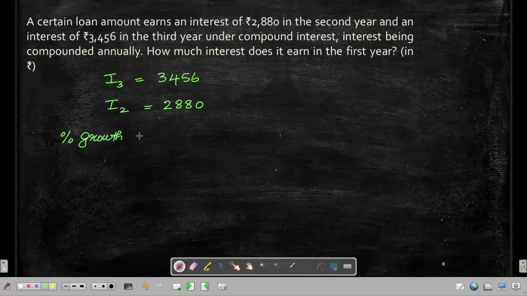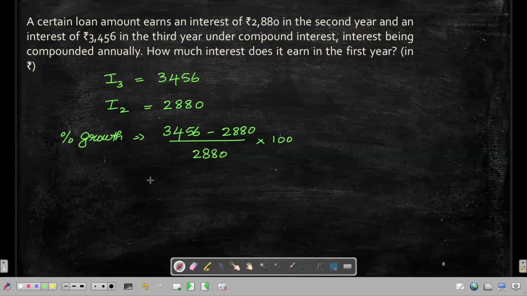The percentage growth in that interest amount will be (3456 minus 2880) divided by 2880 into 100. When you calculate it, this comes as 20%.